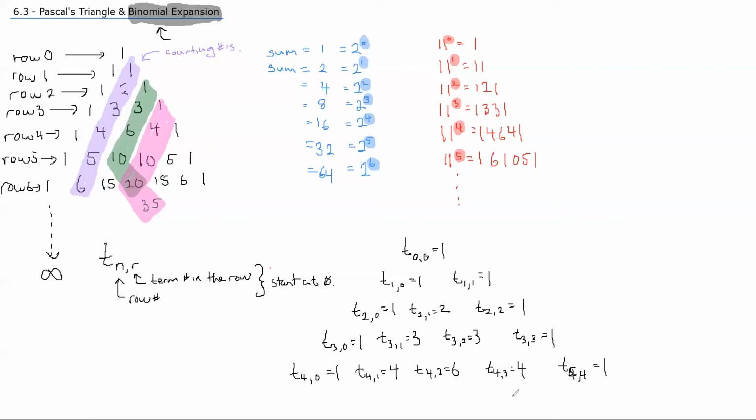Hope you got it. For any given term, you can refer to it using the term notation: row number, term number in the row.